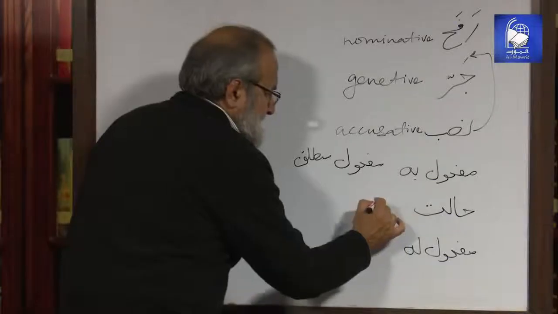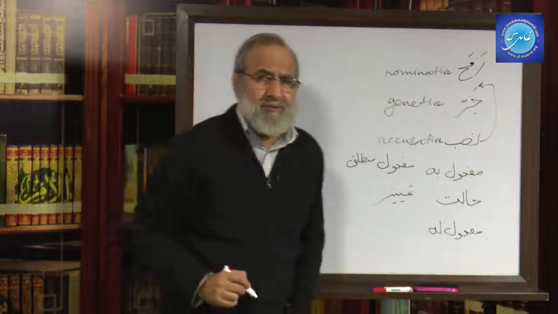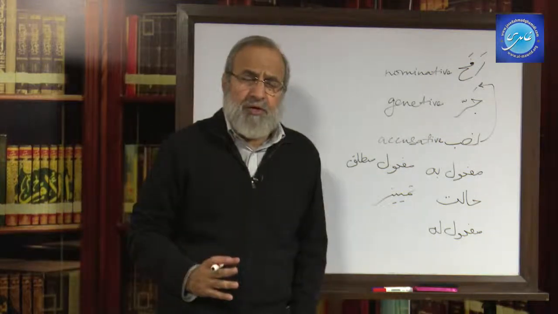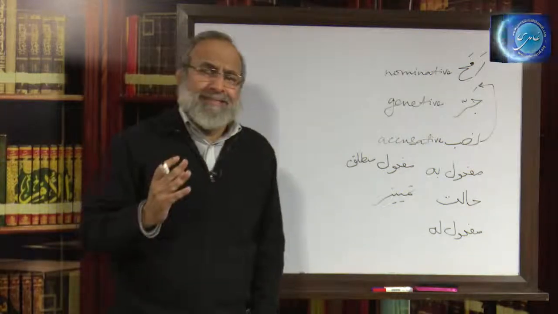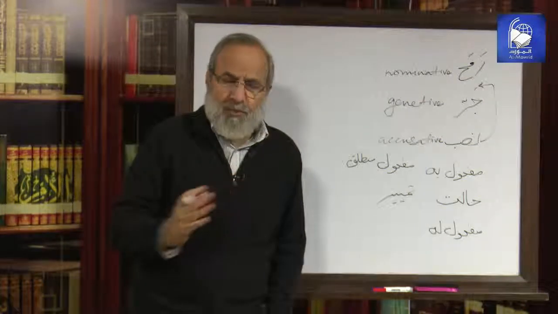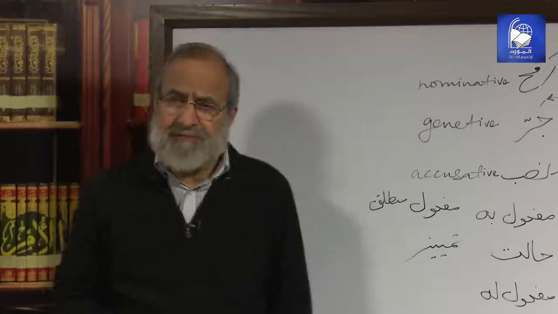And finally, we have talked about tamyiz, which is another reason why a noun would take the form of nasab. Today, we hopefully are going to talk about the rest of the 6 other reasons why a noun appears in the form of nasab i'rab.